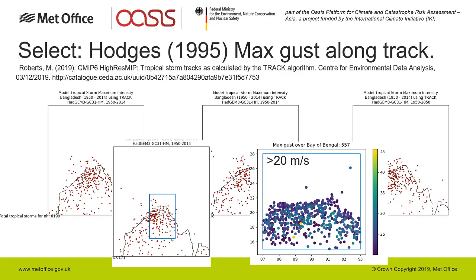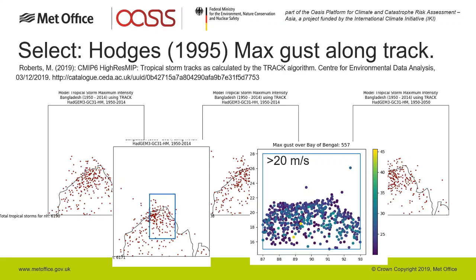Here are some location maps of this particular point of the maximum wind speed from several of the Primavera runs, and we have chosen a criterion of this along-track wind speed to be higher than 20 meters per second, in the box covering the Bay of Bengal and Bangladesh.